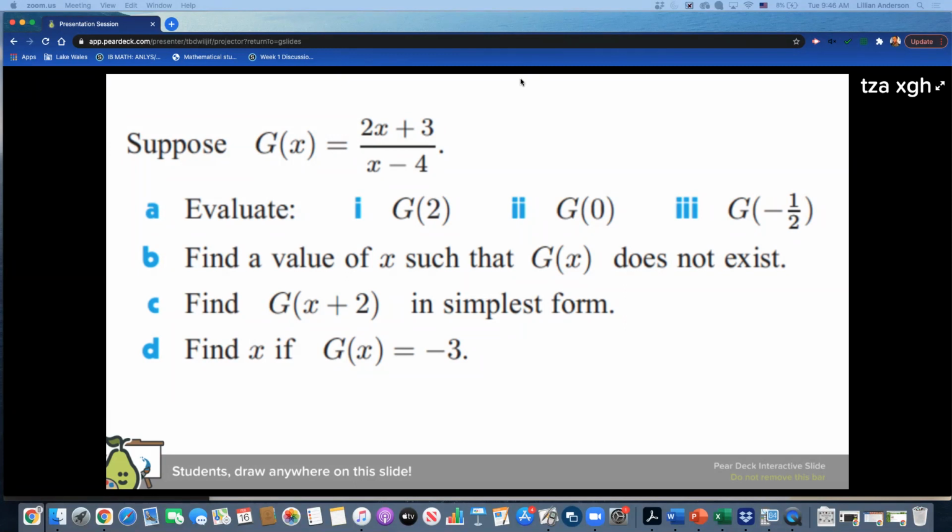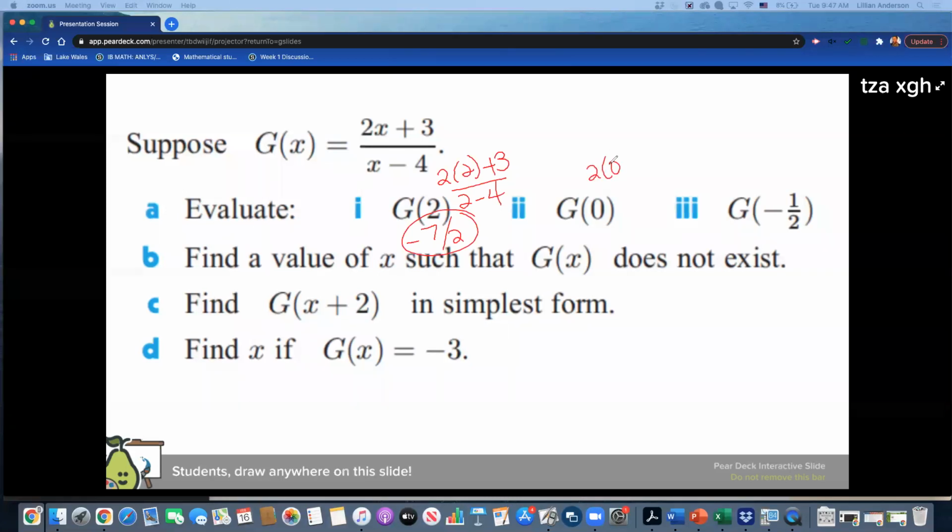For A, you had a value, which means you had to plug in 2 for x, 0 for x, and -1/2 for x. So when you did that, what did you guys get for I? Anyone? -7/2. Okay, remember, whether the numerator is negative or the denominator is negative, the entire fraction is negative.